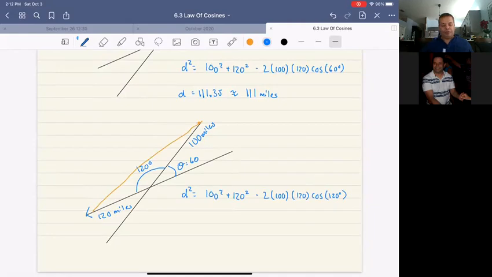Going to do the same exact thing now. 100 squared plus 120 squared minus 2 times 120 times 100 times cosine of 120, and I get 36400. Let's take the square root, and I get 190.78, which is approximately 191 miles. Should have just approximated that to 190.7. No problem.